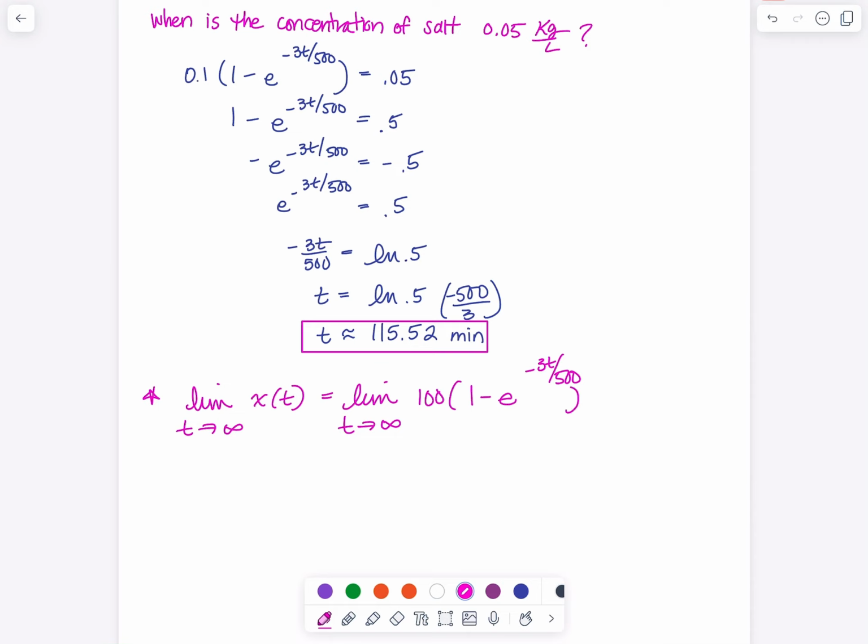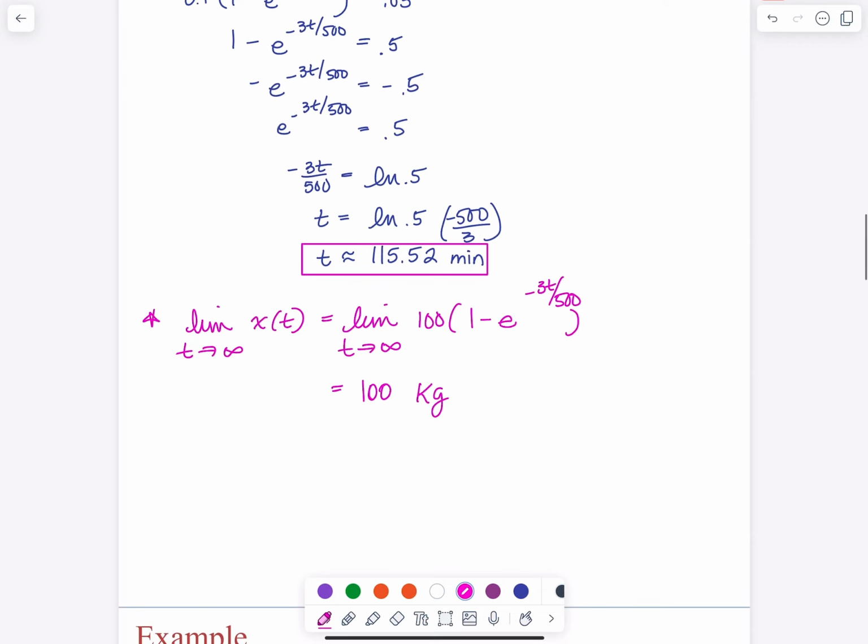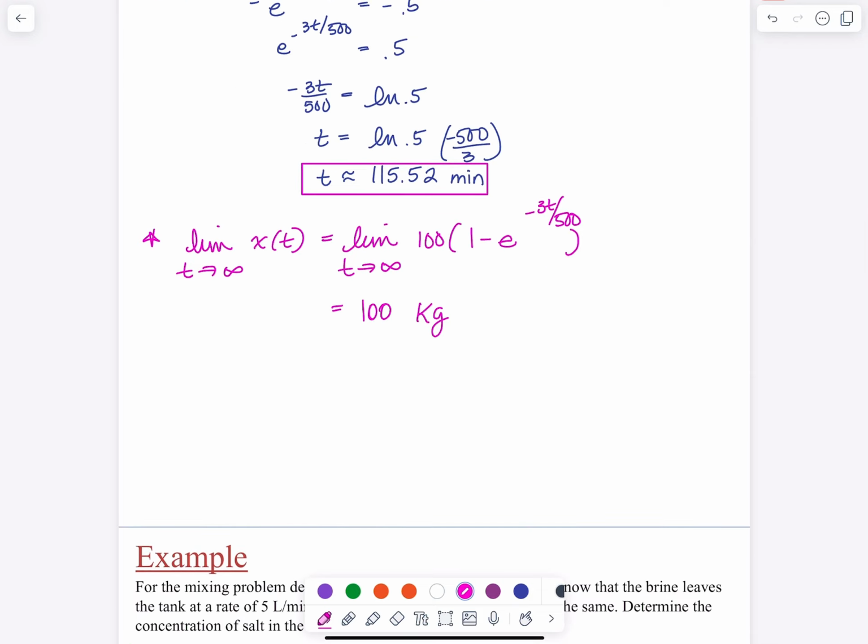And as you can see, as t approaches infinity, this is going to equal 100 kilograms. So what is the purpose of looking at that? The limiting concentration of salt in the tank is now able to be computed.